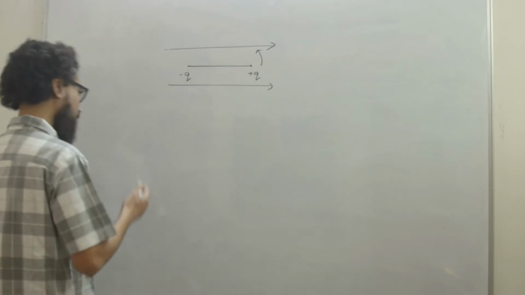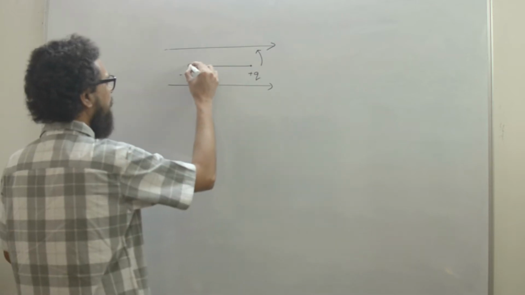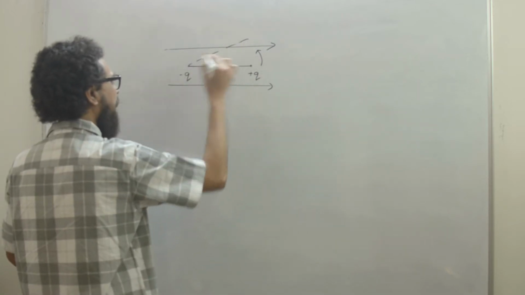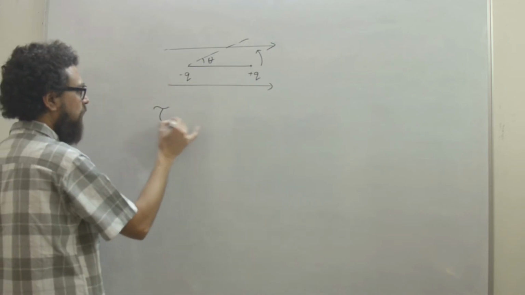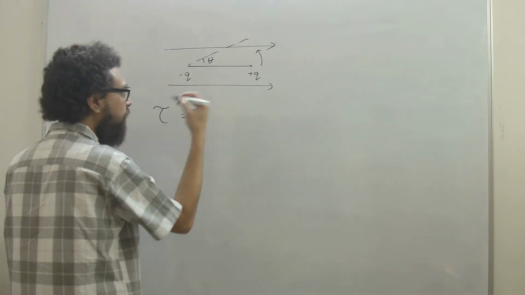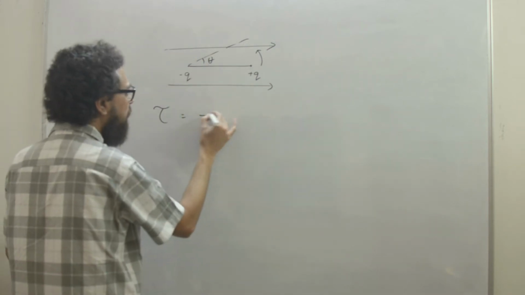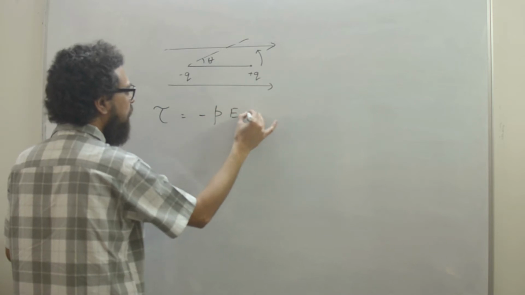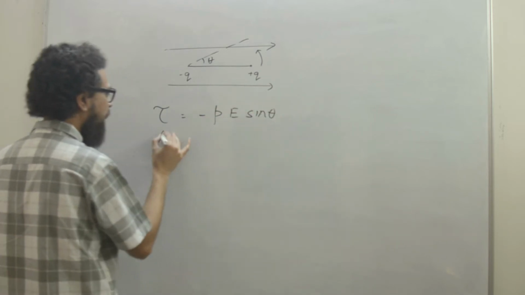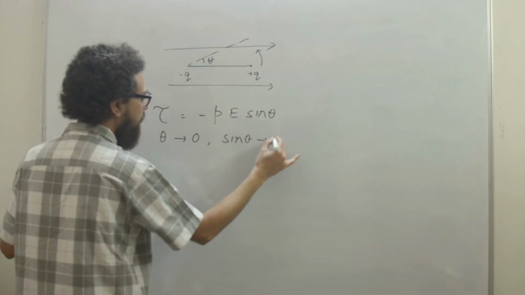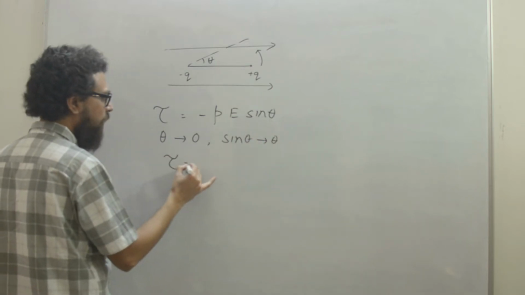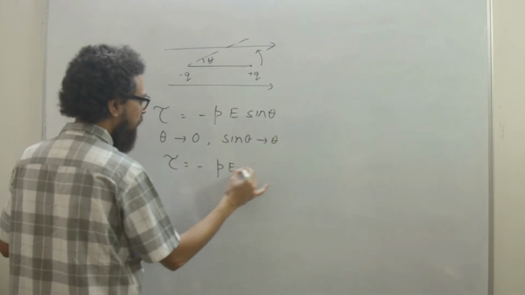If we have displaced the dipole by some angle theta, so it is making an angle theta, what is the torque? The torque is definitely restoring. So it is PE sin theta, and when theta is very small then sin theta tends to theta, which gives tau equals minus PE theta.